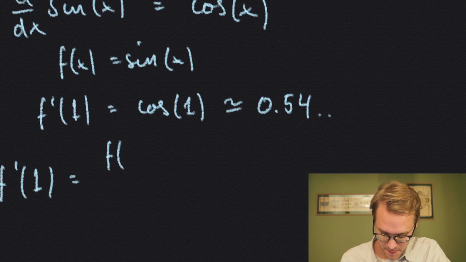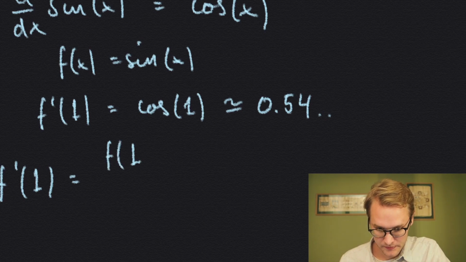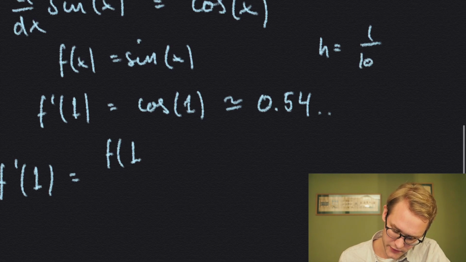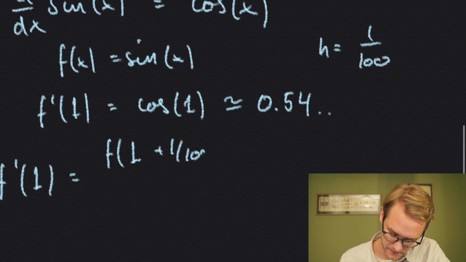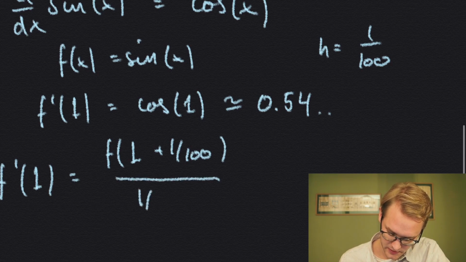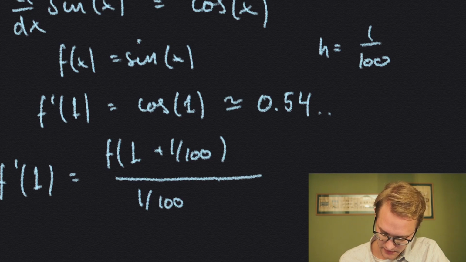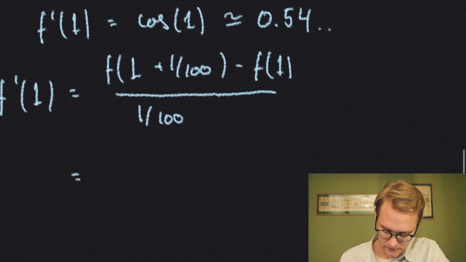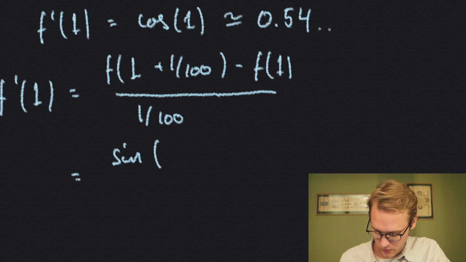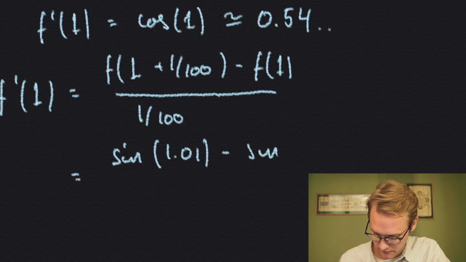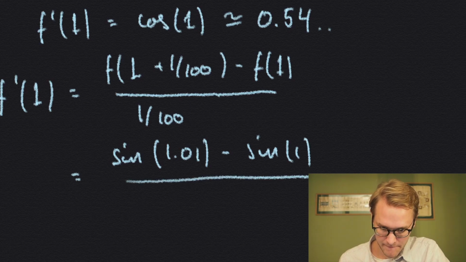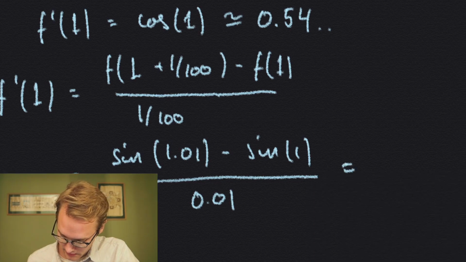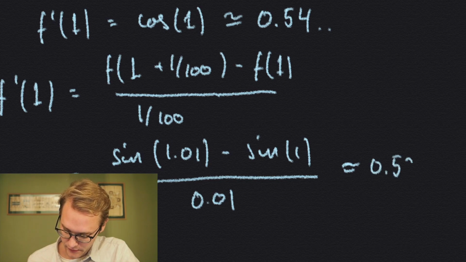So we simply insert the expression, and let's say h is equal to 0.01. So sine of 1.01 minus sine of 1, and we divide by 0.01, and if we compute this we will get something like 0.536.